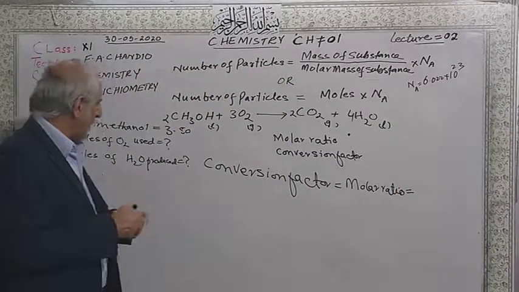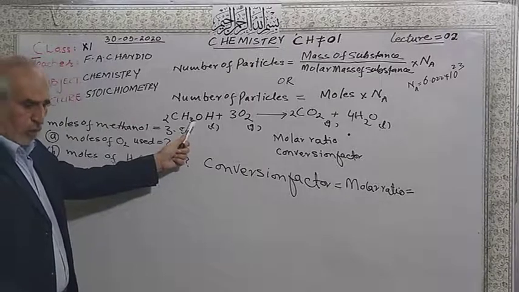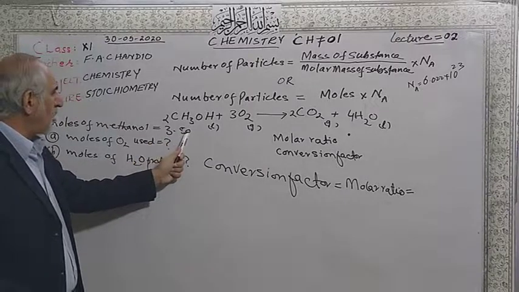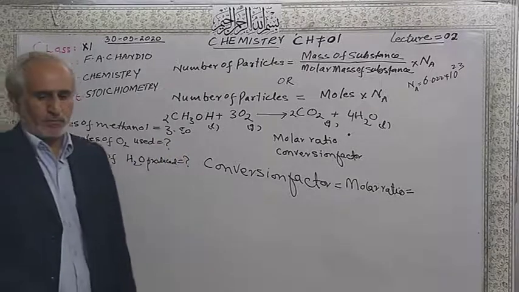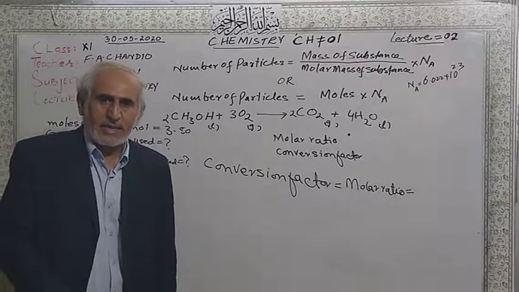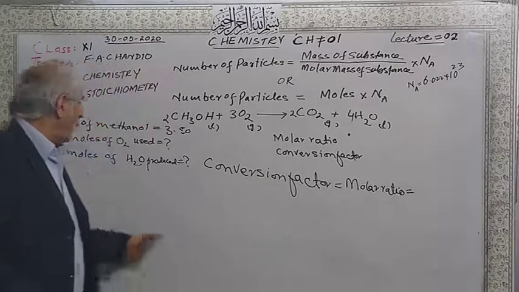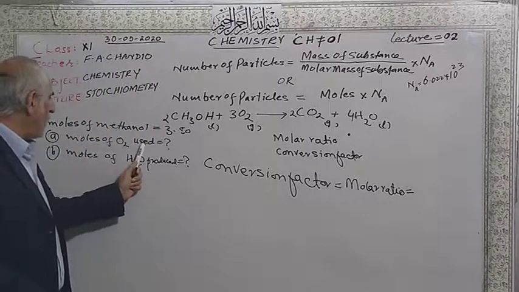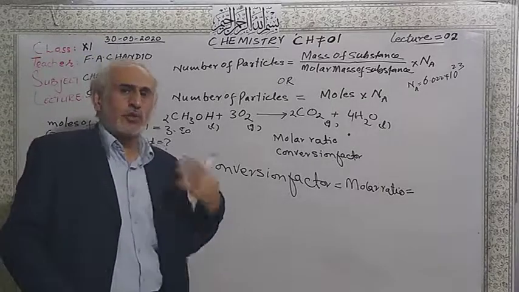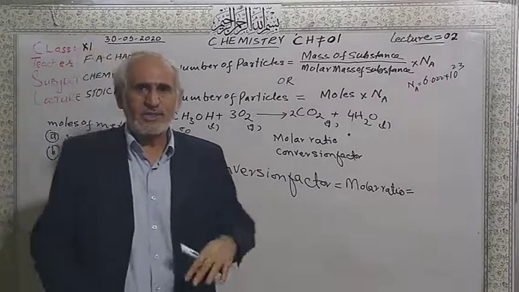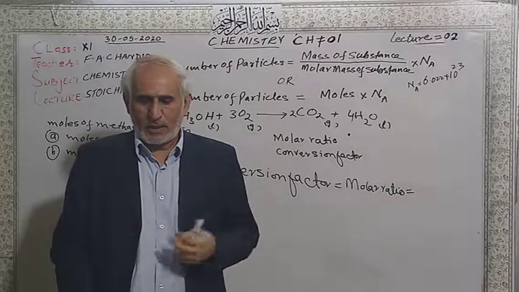Now in this equation 3.5 moles of methanol are given. This is the given quantity. And moles of oxygen used, this is desired. You want to calculate it. This is unknown. This is a question.